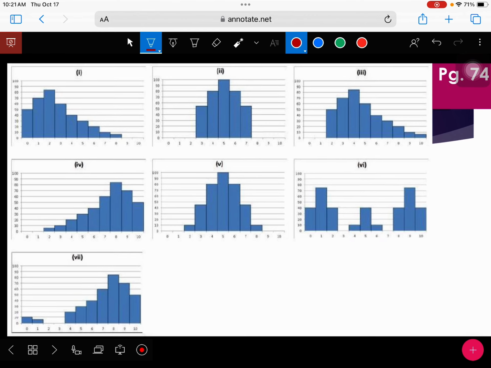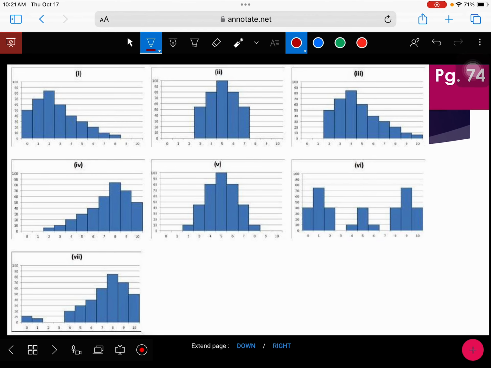All right, and I have my book up here. Notice we have 7 histograms. And these are, as task number 11 says, a college statistics professor gave the same quiz, scored out of 10 total points, to his students over the past 7 years.